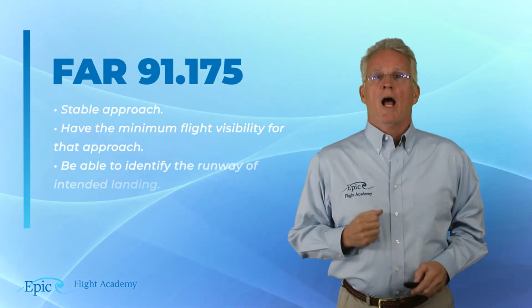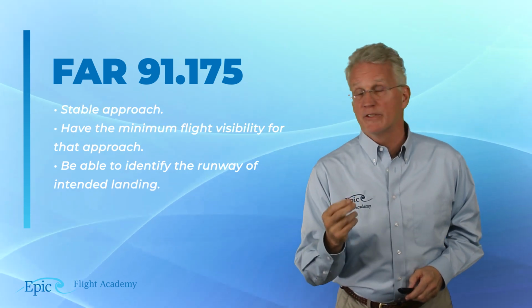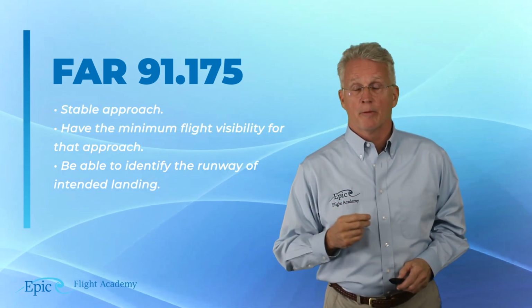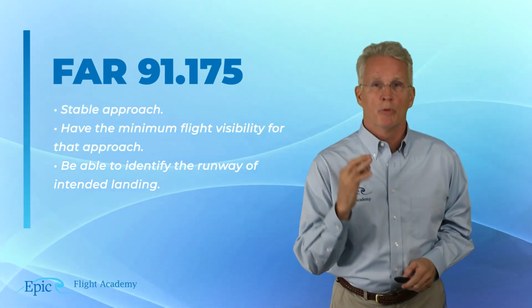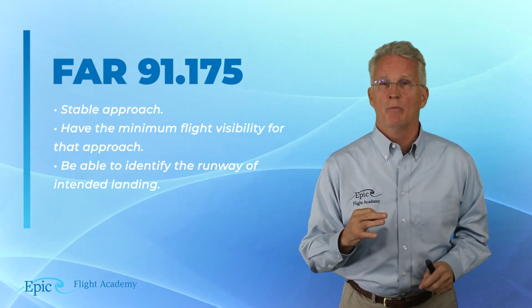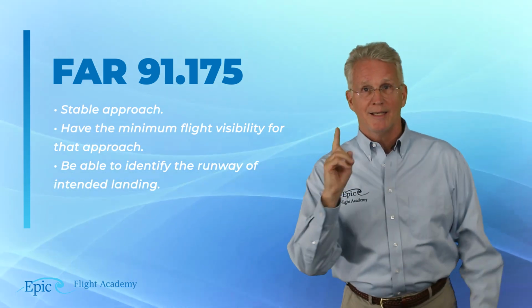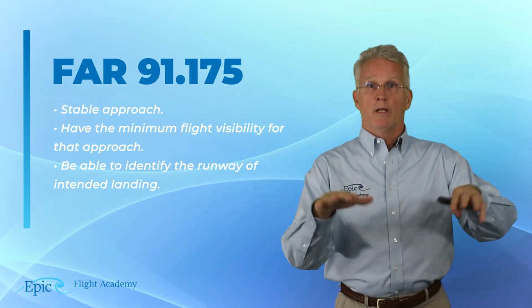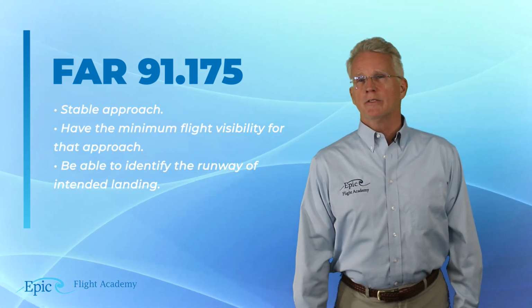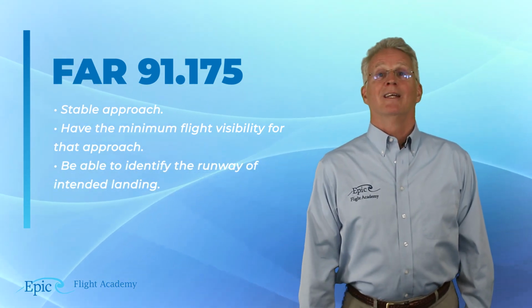Number 2, I have the minimum flight visibility for that approach. And number 3, I have some way to visually identify the runway of intended landing. So let's take those 3 requirements in order.